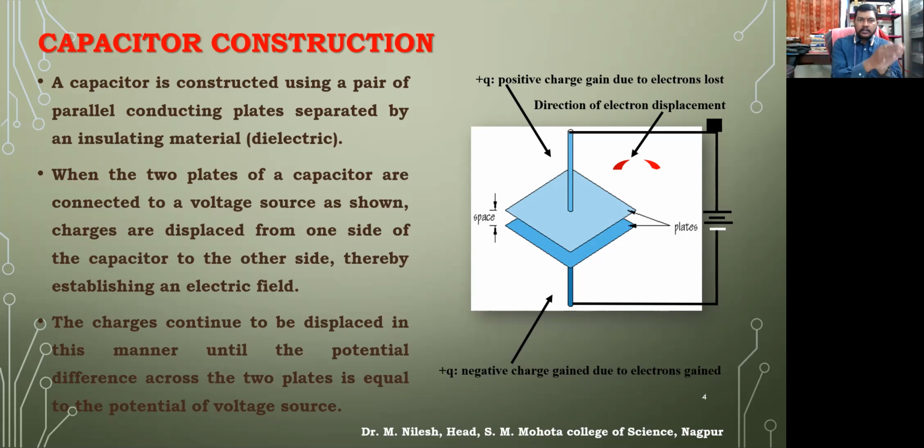A capacitor is constructed using a pair of parallel conducting plates separated by an insulating material. Insulating material means a non-conducting medium. I have told you that if I put paper in between these two plates, then it becomes a paper capacitor.